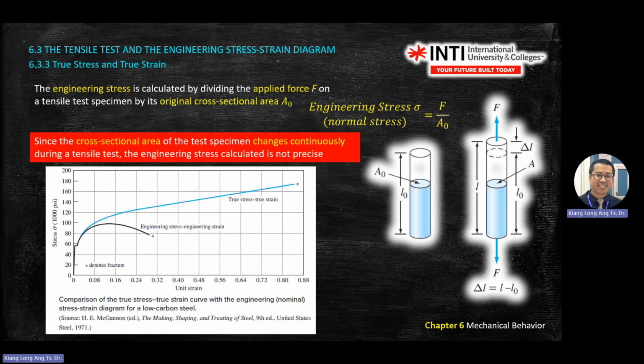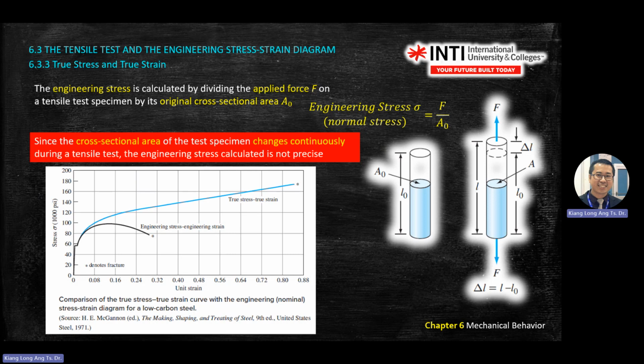Because when you apply force, the area in our stress calculation we assume continues to maintain the diameter. In the real case, it's not so. Cross-section area will change as you do your tensile test. So the engineering stress calculated will not be precise if you maintain your area. Actually, it's changing all the time.